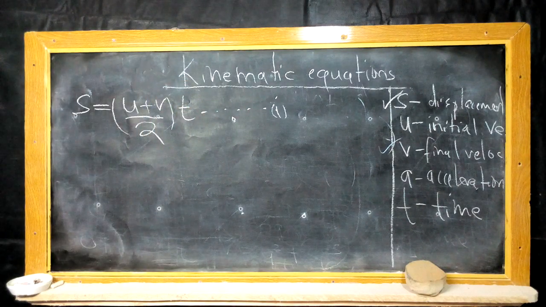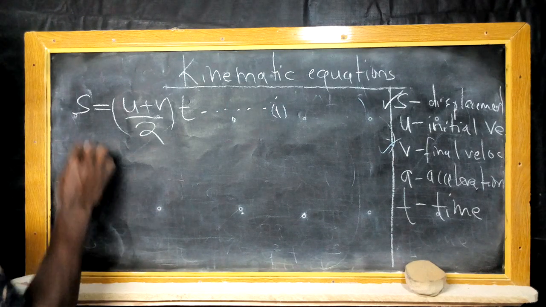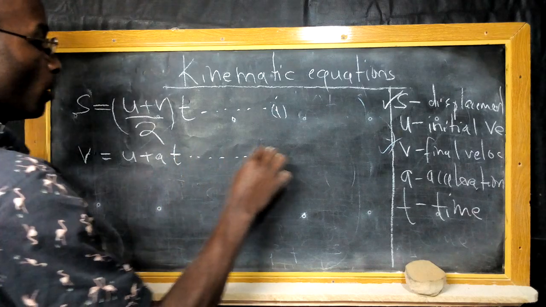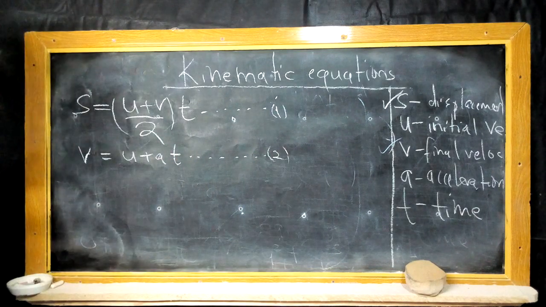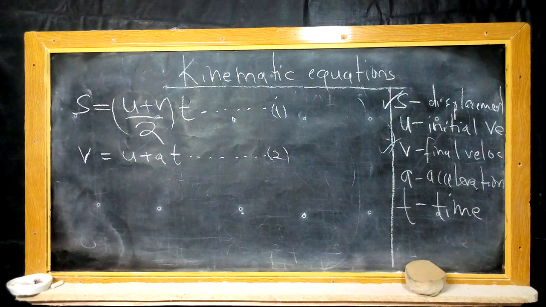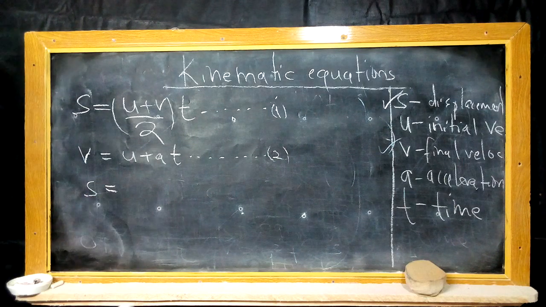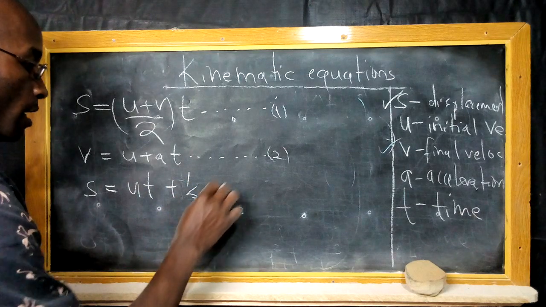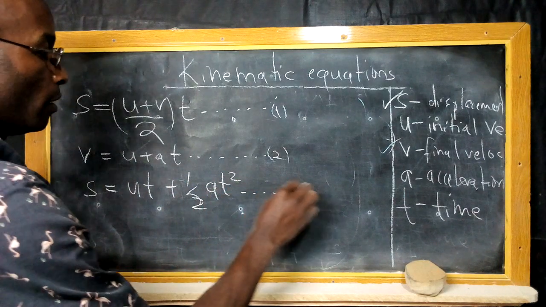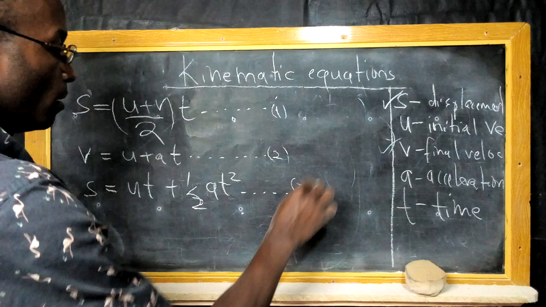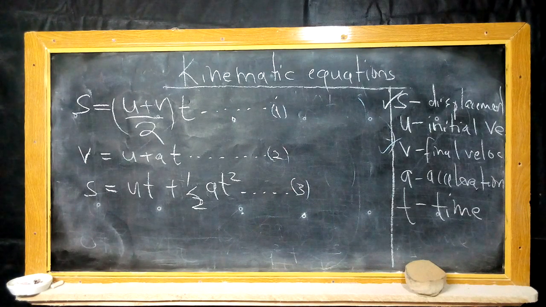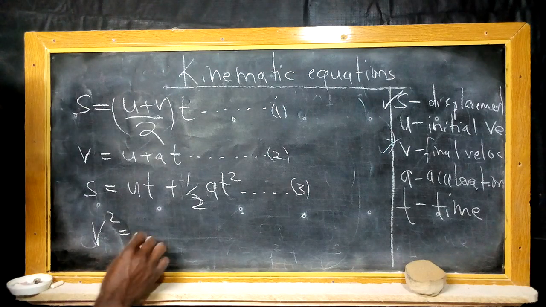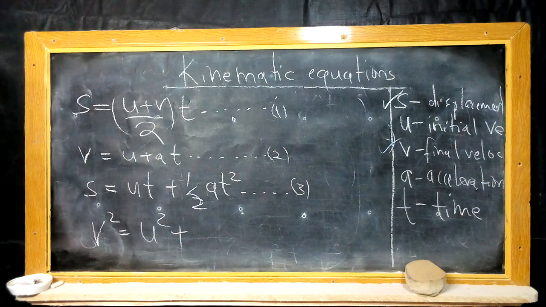The second kinematic equation we have derived was v is equal to u plus at. This was our equation number 2. The third kinematic equation we have derived was s is equal to ut plus a half at squared. This was equation number 3. And the last equation that we have derived was v squared is equal to u squared plus 2as.